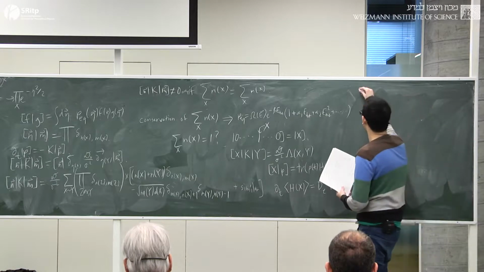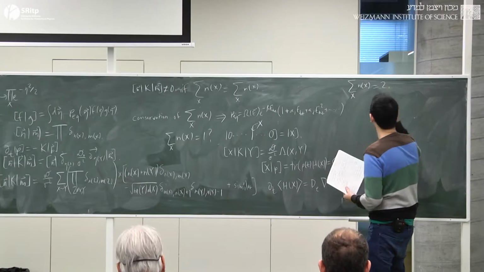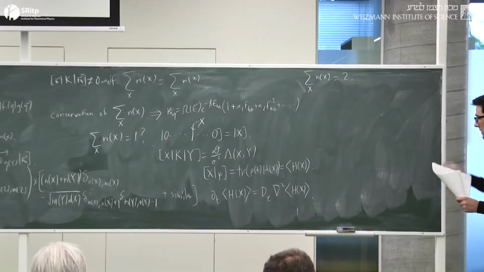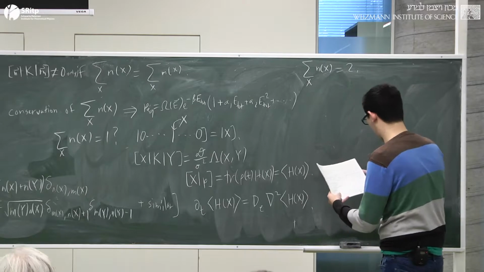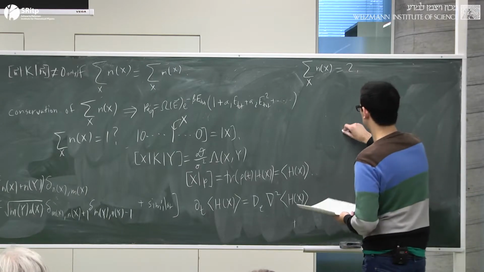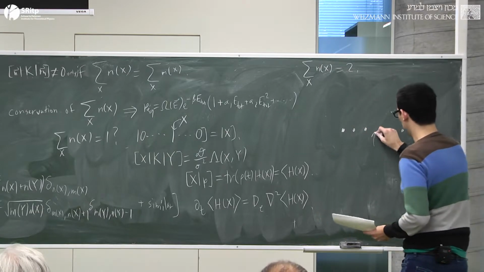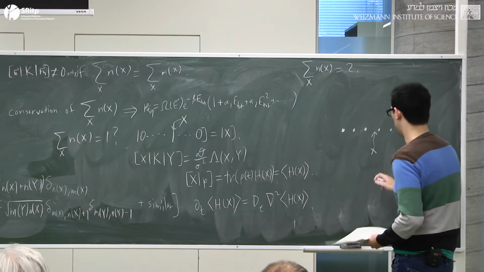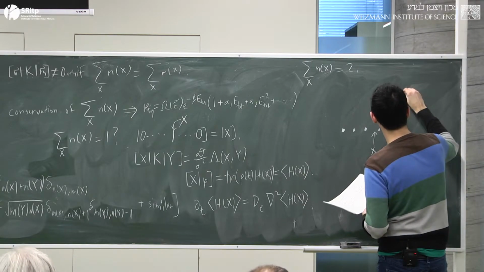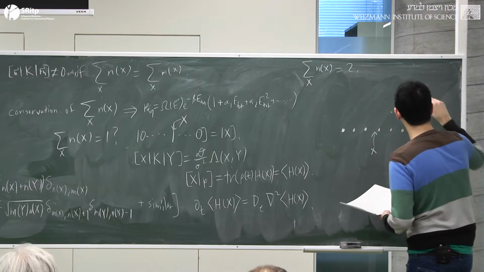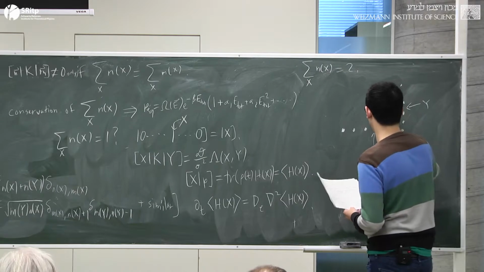Next we can look at what happens if we have two excitations. Let me just draw for you a picture. Each of these dots will correspond to a site on which one excitation lives. Then I will have some other dots corresponding to the site where the other excitation lives.